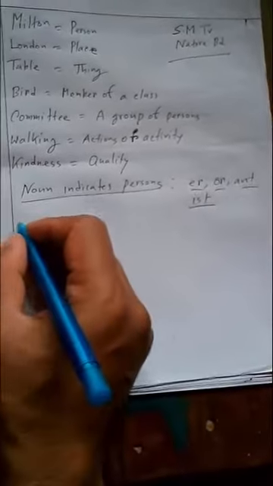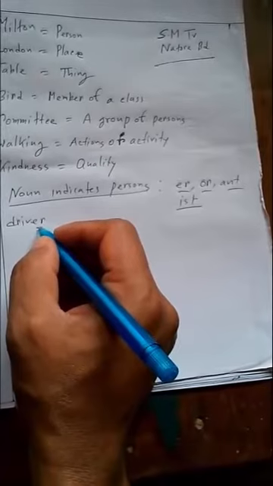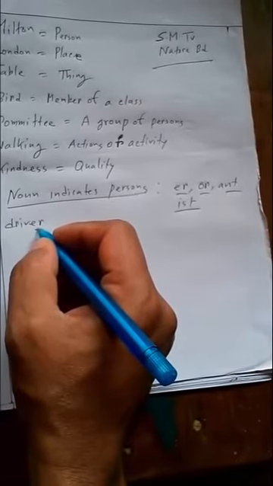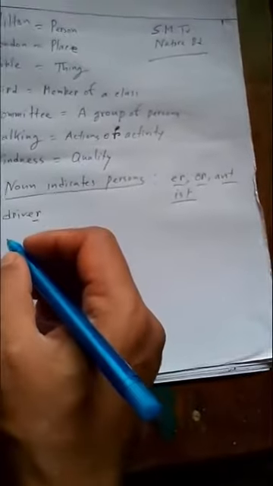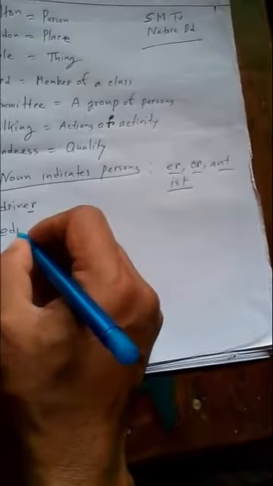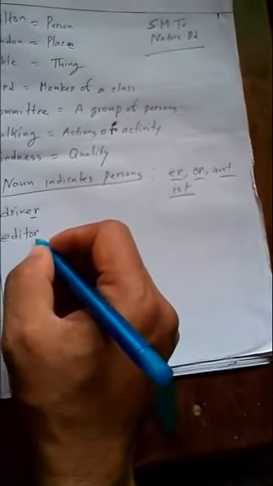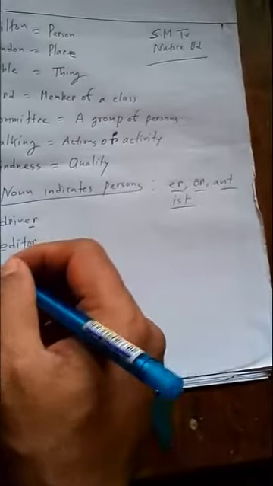For example, er: drive, driver; play, player; write, writer, etc. Next one, or. For example, editor. So or at the end: editor, visitor, actor, etc.